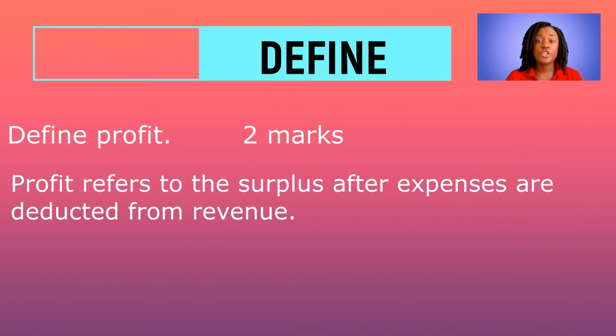And then you will get a second mark for when you said after expenses are deducted from the revenue. So in giving your definition, I will dare say that if you are asked to define something and it is 3 marks, then you will need to put another thought or another sentence to make it up to the 3 marks.